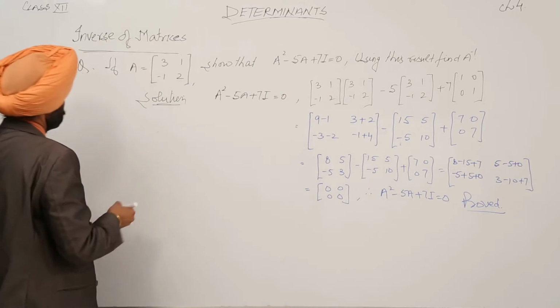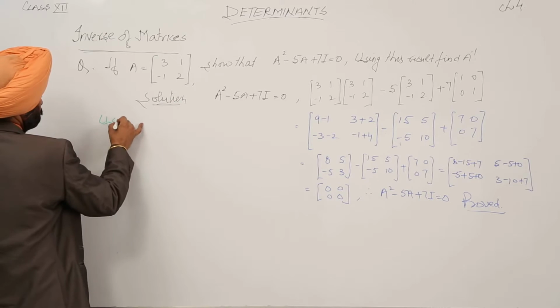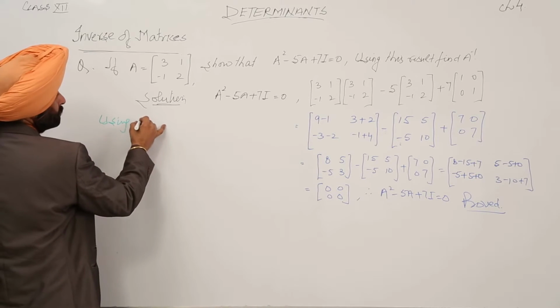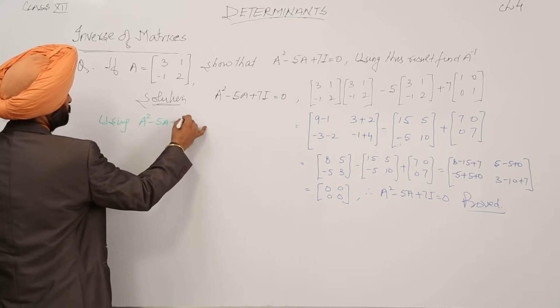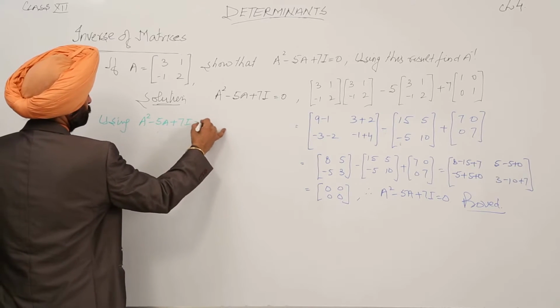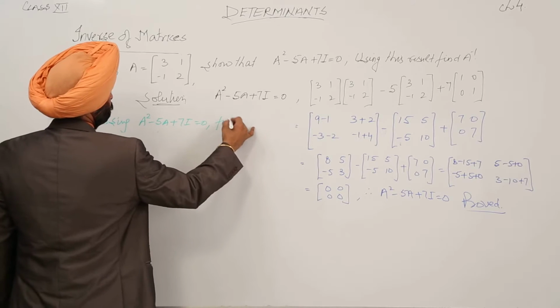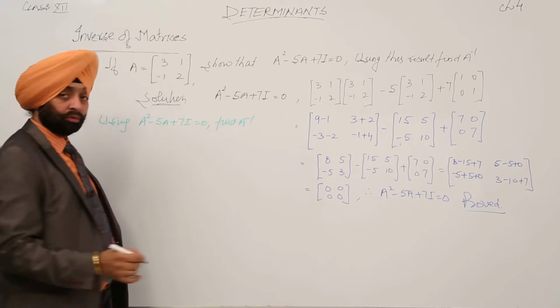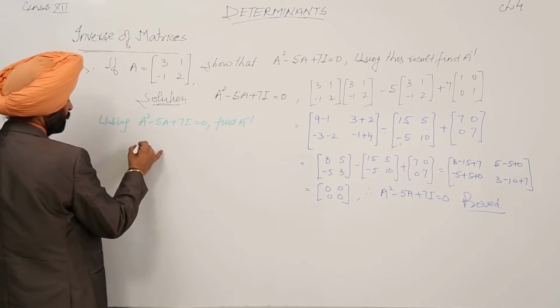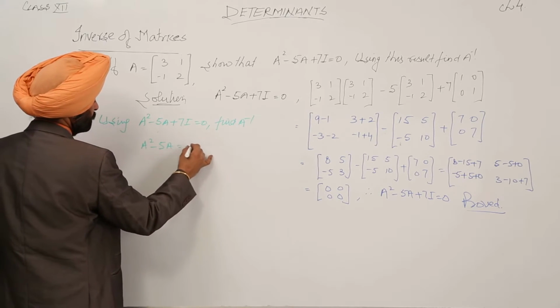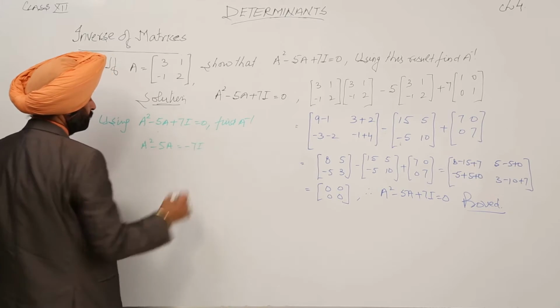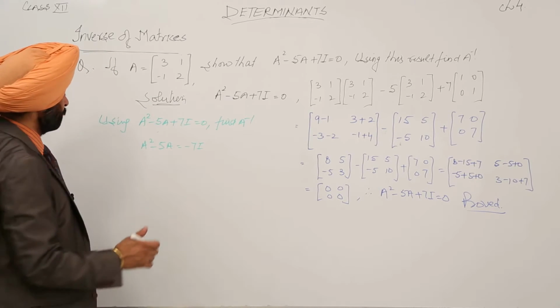Now using A squared minus 5A plus 7 times the identity matrix is equal to 0, find A inverse. We have A squared minus 5A is equal to negative 7 times the identity matrix.